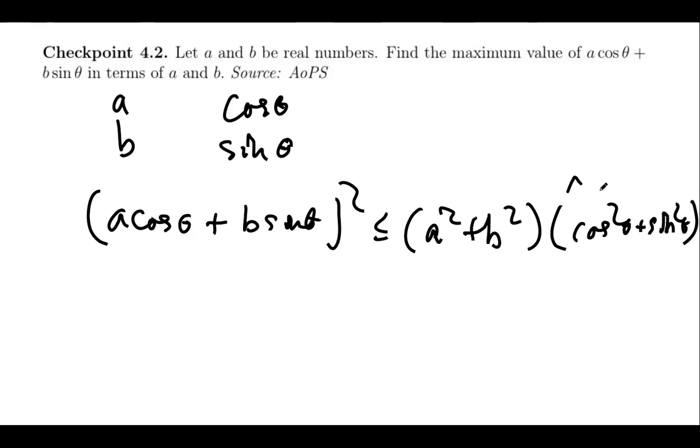It's okay if you haven't learned this yet, but this is a trig identity and it equals 1. So in that case, you can cancel this thing out. And it just wants the maximum value in terms of A and B. So we can take the square root of both sides.